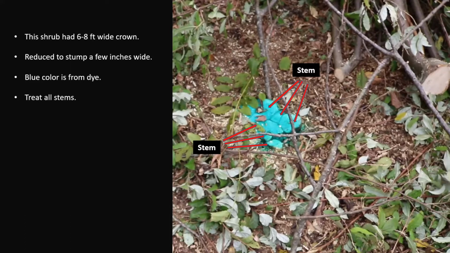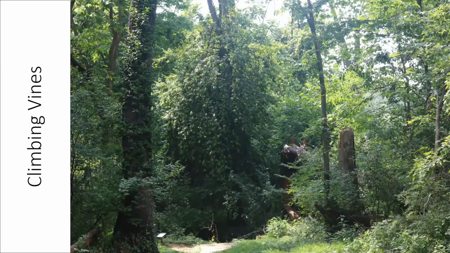So you don't want to go very far in your cutting before you actually do your treatments. Use a dye, it will save you a lot of headache. It may turn you blue or green or purple or yellow, depending on what dye color you're using, but it's worth it.